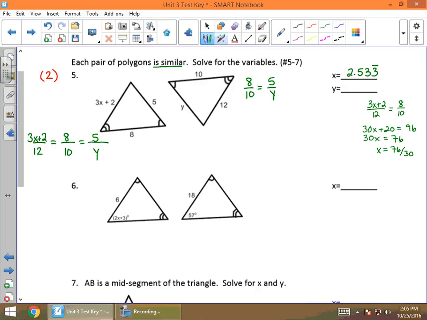And then I'll cross multiply again. 8 times y is 8y, and 10 times 5 is 50. So y is whatever I get when I do 50 and divide by 8. If I take 50 and divide by 8, I get 6.25.